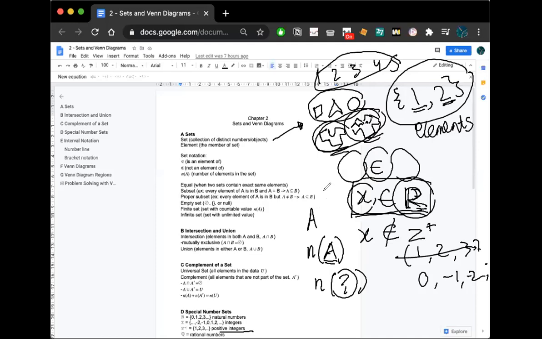Sets usually have a symbol that represents them, and most of the time the symbol is a capital letter. It can be U, it can be E, or it can be X, but X is usually overused, so they usually use A or B.